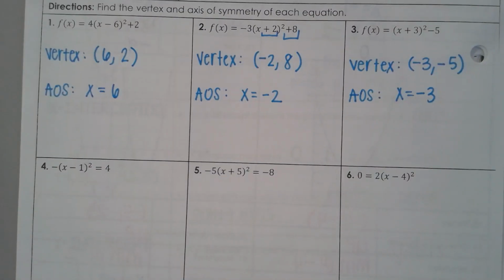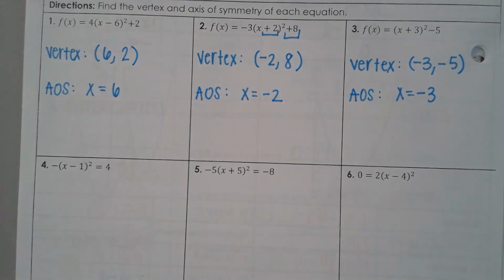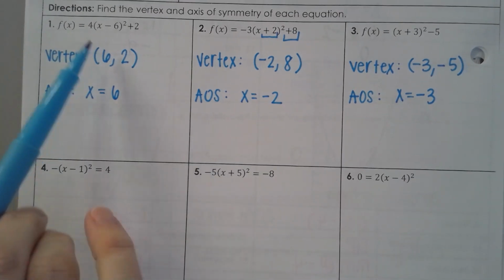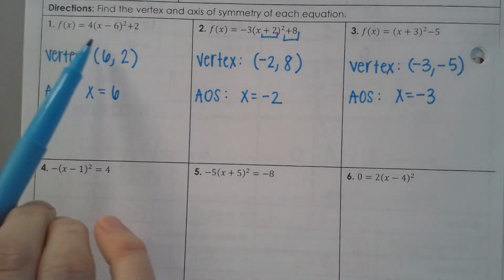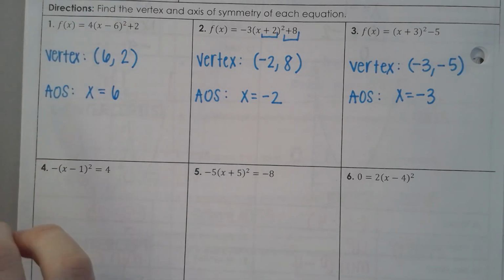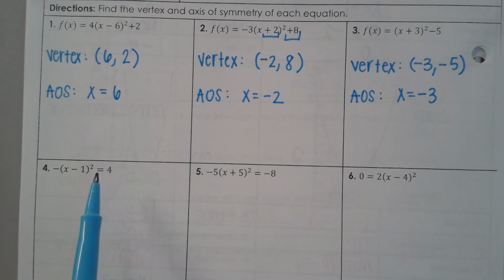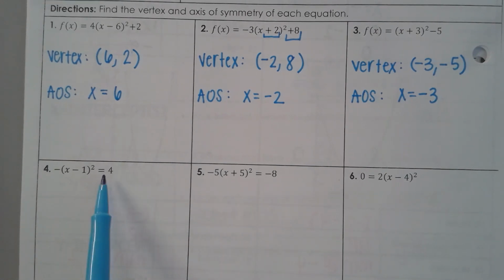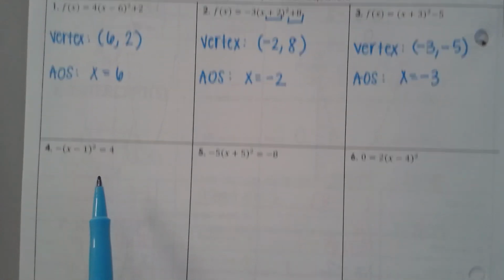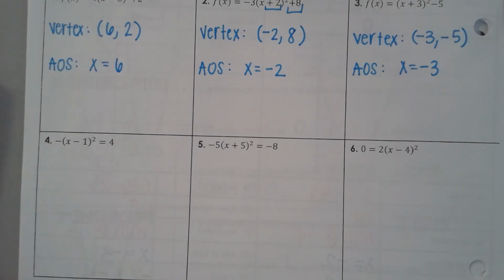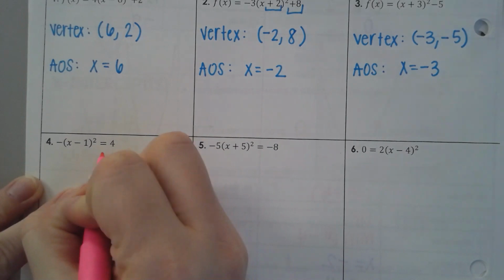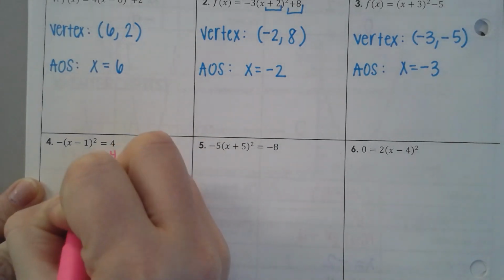Numbers 4, 5, and 6 are slightly different. On the first three we did, all the numbers were together on the same side. These, the 4's been moved over, and we've got to move it back. Otherwise, I'm going to say that the y value of my vertex is positive 4, which is not true. To move the 4 over, I have to subtract 4 from both sides.